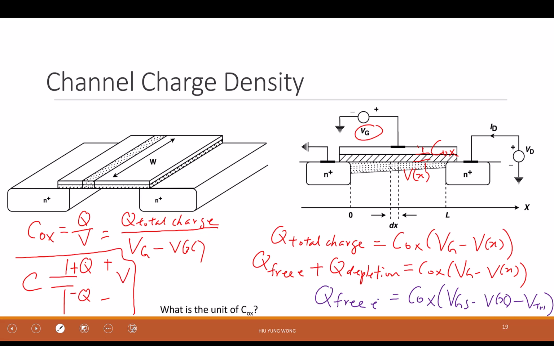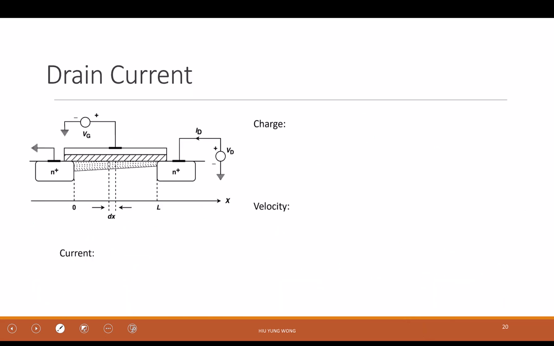So only after that force does water start to contribute to the formation of the channel, right? So that's why the free electron equation is this. I won't test this in the exam, but I want you to understand, right? With this one, then we are pretty good already, right?